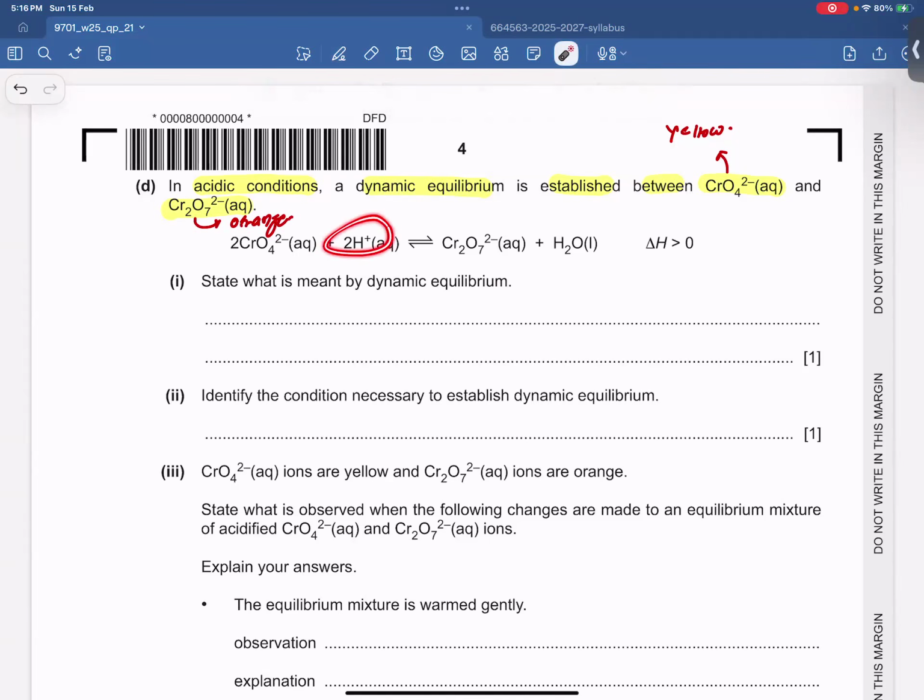So under acidic medium, equilibrium needs to be established like this, okay? So delta H is greater than 0. State what is meant by the term dynamic equilibrium. So dynamic equilibrium is basically the rate of forward equals the rate of backward reaction.